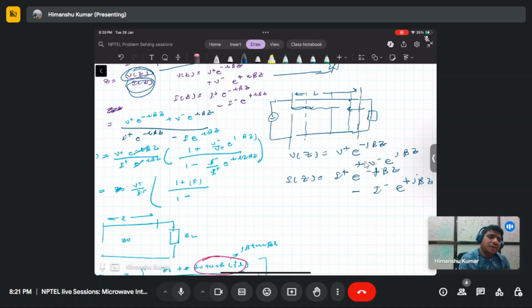If you model Maxwell's equations for the current and voltage, you will reach this function.